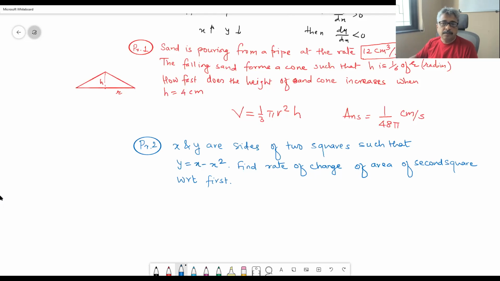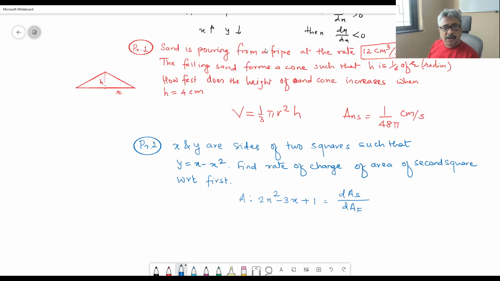Do it, simple. So you find out what is the area of the second square, you find out the area of the first square, and use some parameter, do parametric differentiation and find out dA second upon dA first. Answer: 2x square minus 3x plus 1, which is dA second square upon dA first.